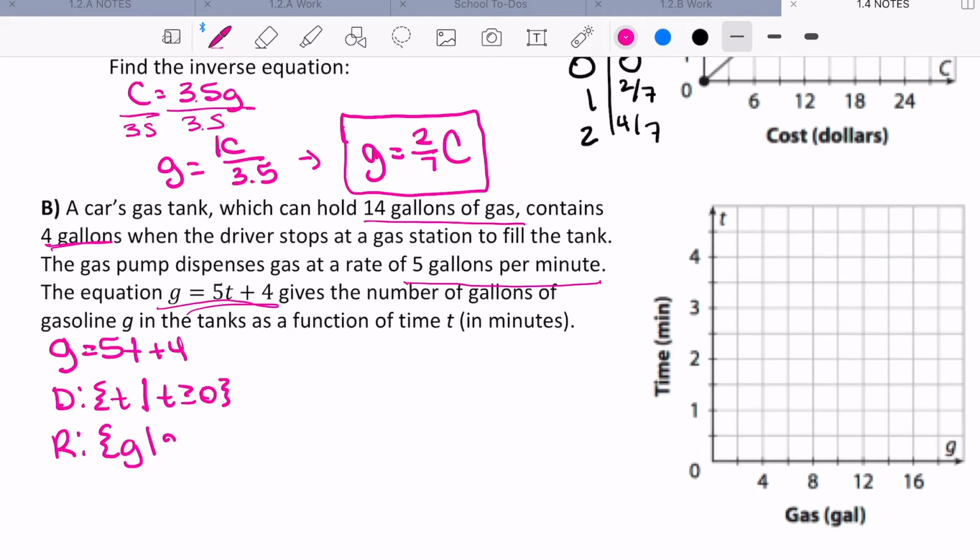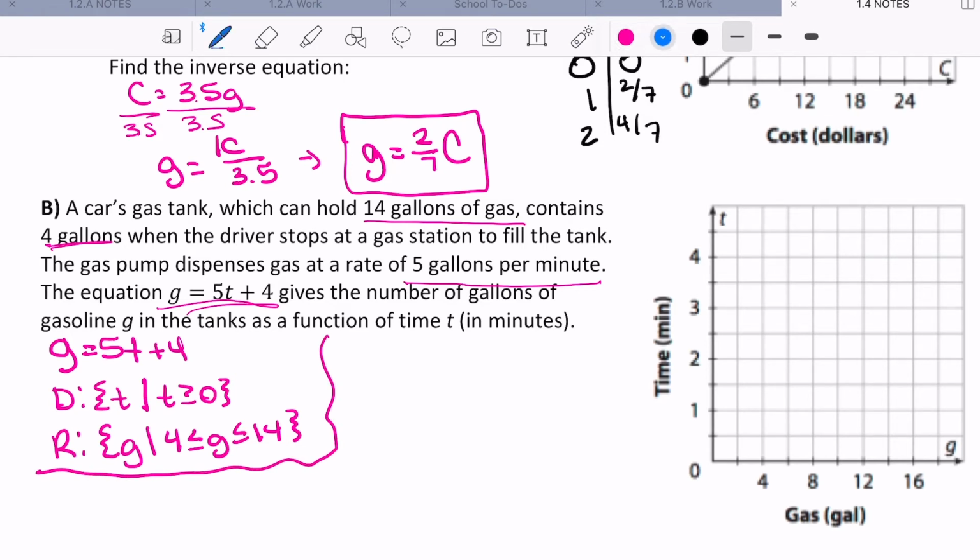When you think about the range here, you are told that the car only holds 14 gallons, but it already has 4 gallons. So we're not going from 0 to 14, we're going from 4 up to 14. The car already has 4 gallons, so anything you pour will be between 4 and 14. Okay, so let's find the inverse function.